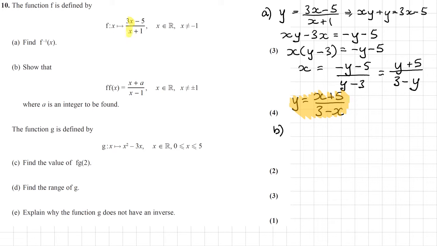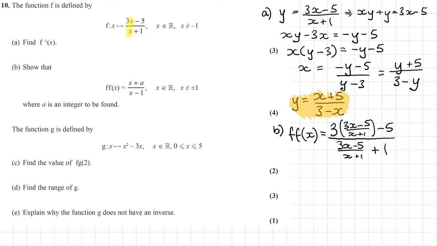So it's going to be that ff(x) is equal to 3, and then where that x is, we put the whole of the original function in. So (3x minus 5) over (x plus 1) minus 5 over, and then it will be (3x minus 5) over (x plus 1) plus 1. So this all needs tidying up really.